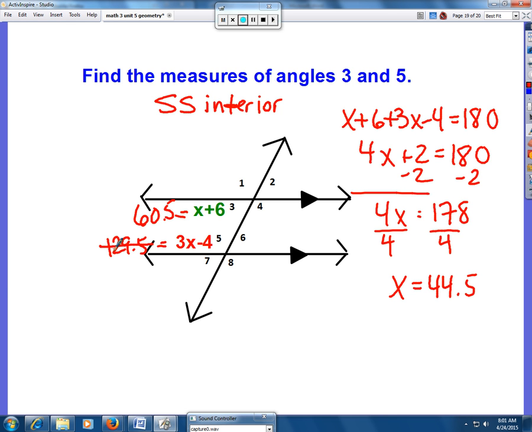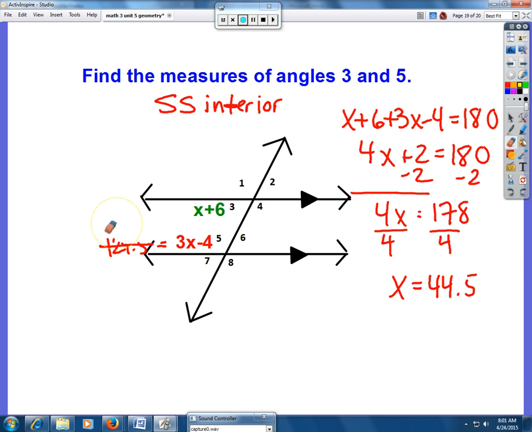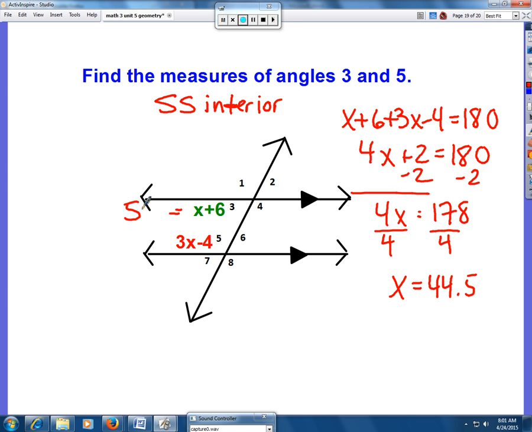Okay, this was 50.5, and this is 129.5. So now that adds up to 180.